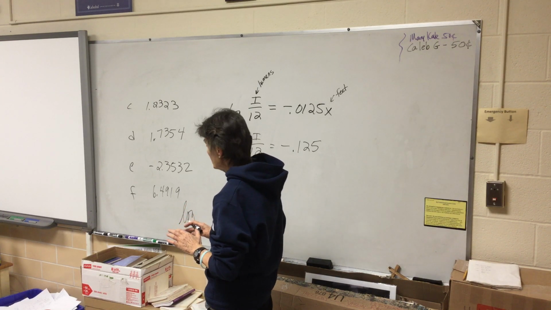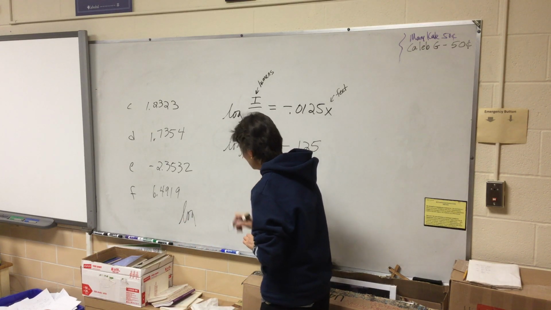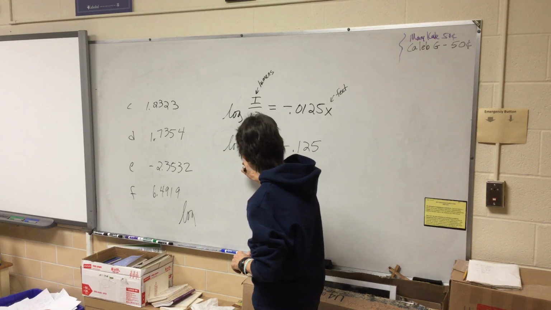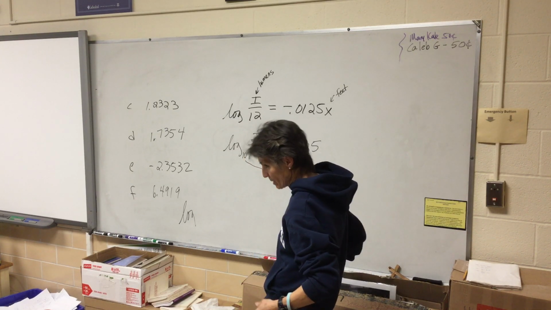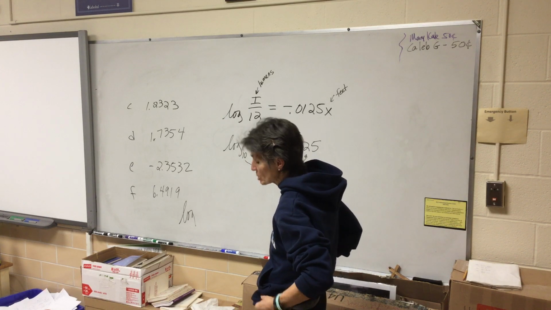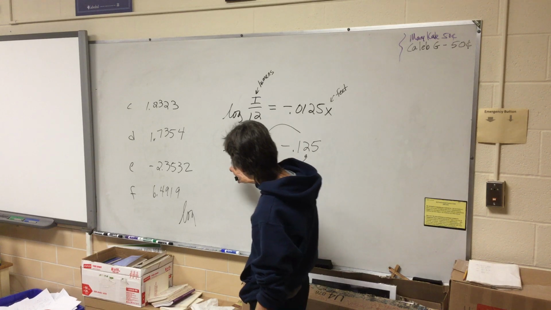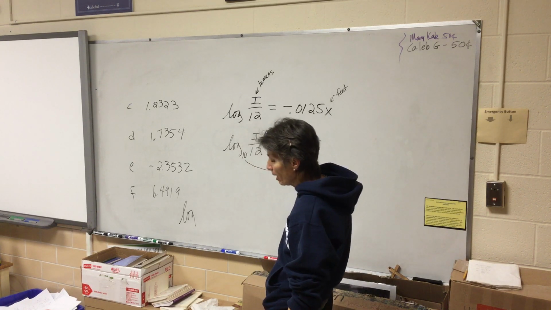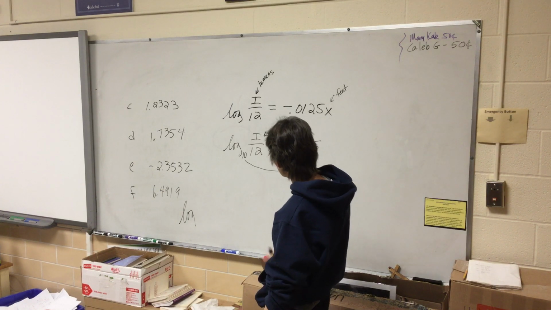Now, the base on this is 10. We're going to loop-de-loop. That's how we get rid of the logarithm so that we can solve our equation. Whenever we have one logarithm in our problem, that's a very good thing, and we're going to loop-de-loop.